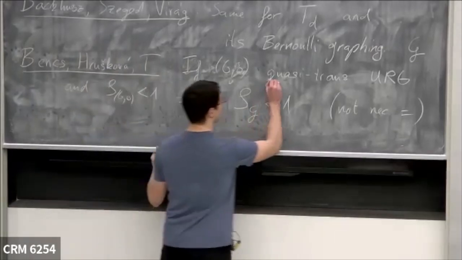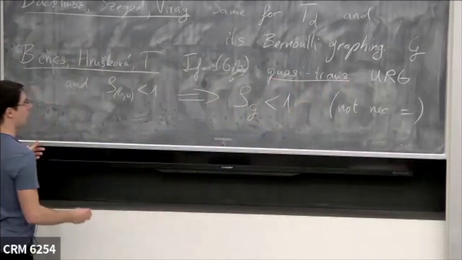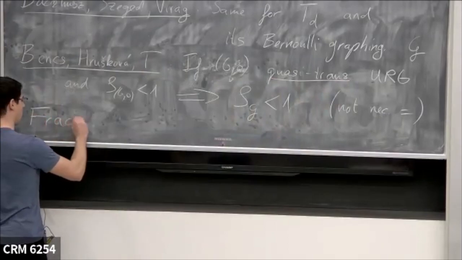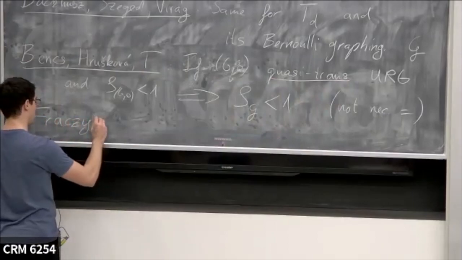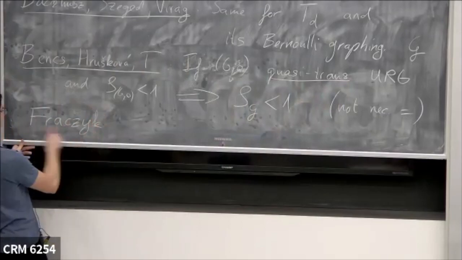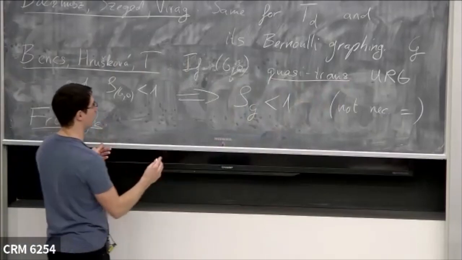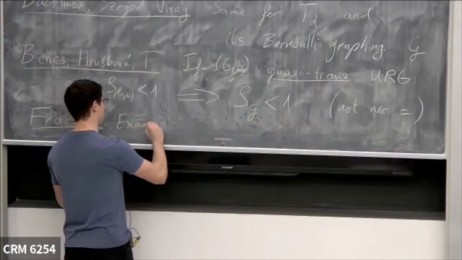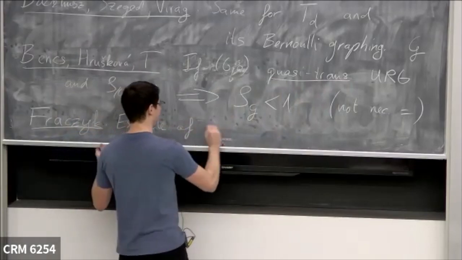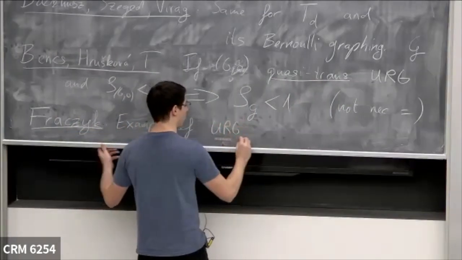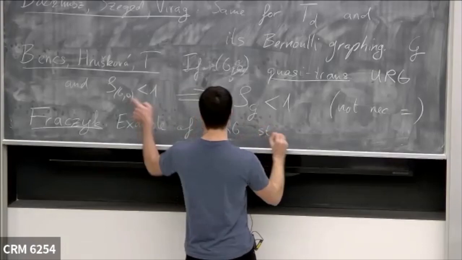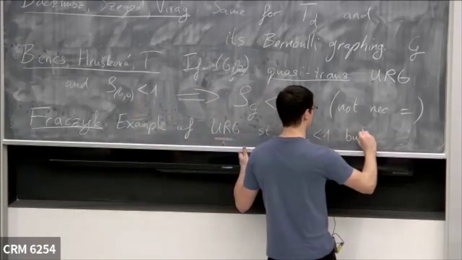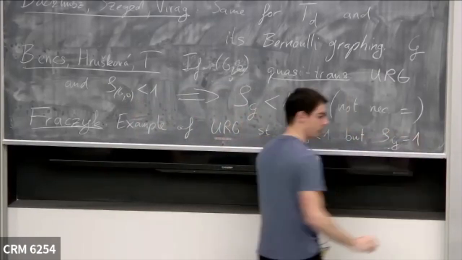Can you drop this quasi-transitive assumption? And then in a couple of months, Nikolai came up with a counterexample: a unimodular random graph such that the first thing is less than 1, but the second thing is equal to 1.